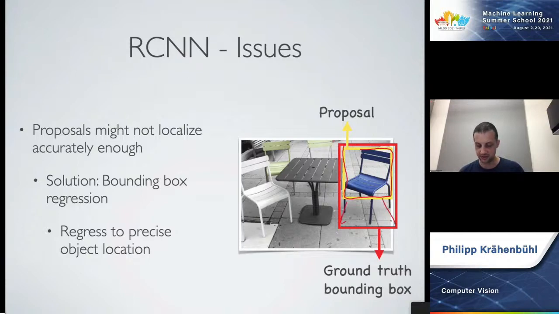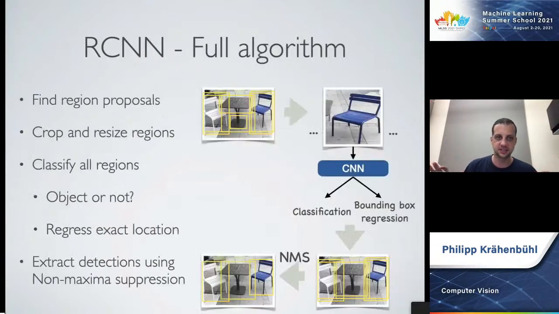It should probably cover a larger box, okay? And so if you put all of this together, the full algorithm, what RCNN does is it finds region proposals, it crops and resizes these regions, and then it classifies all regions into objects or not, regresses to the exact location, and then finally suppresses duplicate outputs. Okay.